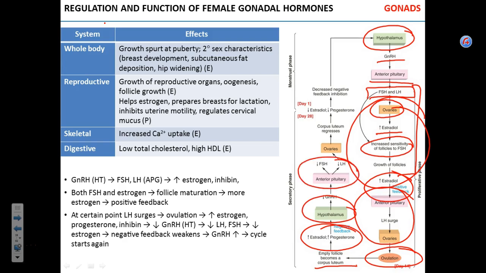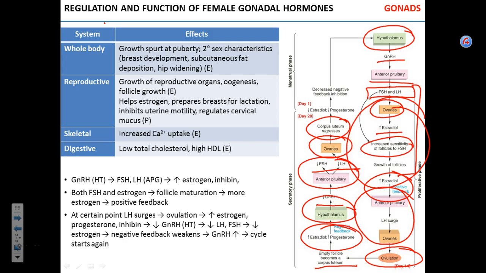Does that make sense? So I have negative feedback in the beginning, positive feedback in the middle, negative in the end. So at this point, levels of gonadotropin releasing hormone, luteinizing hormone, and follicle stimulating hormone all decline, which acts on ovaries, which leads to the regression of the corpus luteum.